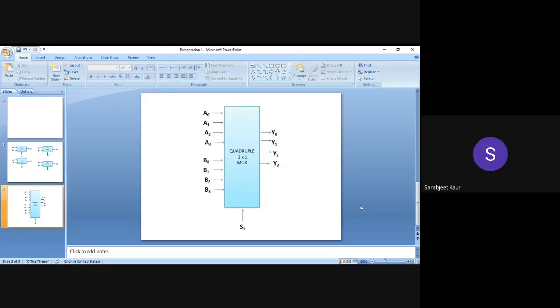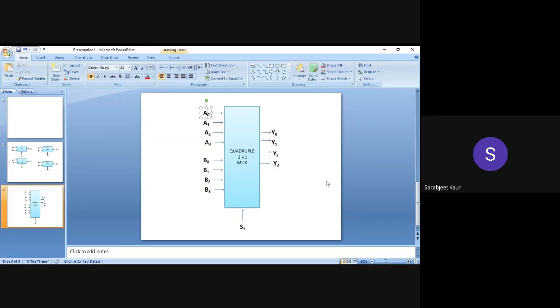Now, please see what is the operation that should happen in a quadruple 2 cross 1 mux.